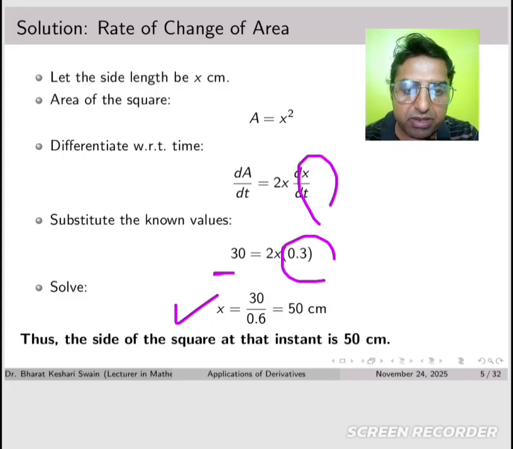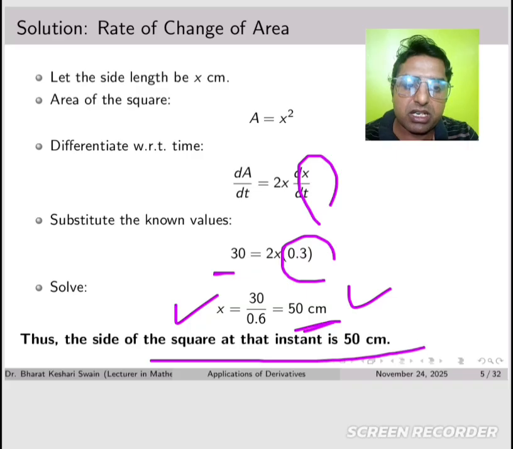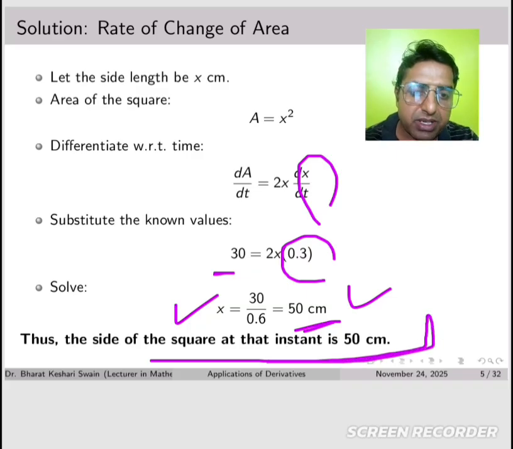So 30 divided by 0.6 will be 50 centimeter. 0.6 means you can write it as 6 by 10, so it will be multiplied with the numerator, so it will be 50. So 30 by 0.6 is equal to 50 centimeters. So the side of the square at that instant is 50 centimeter.